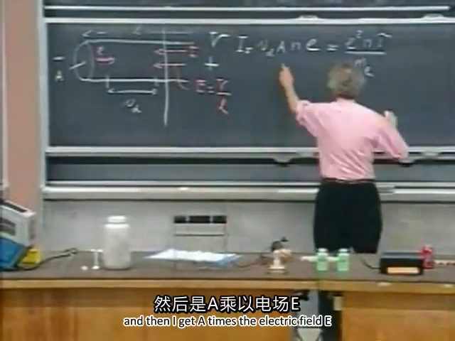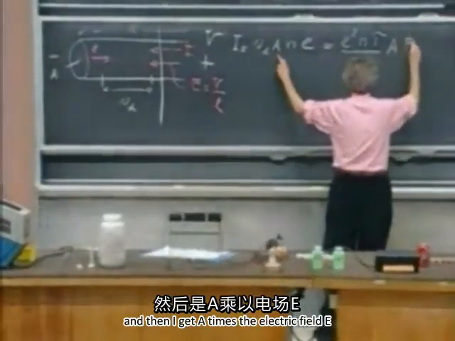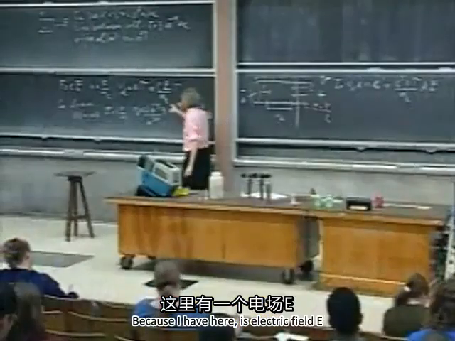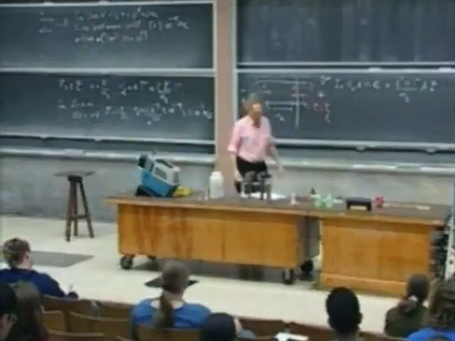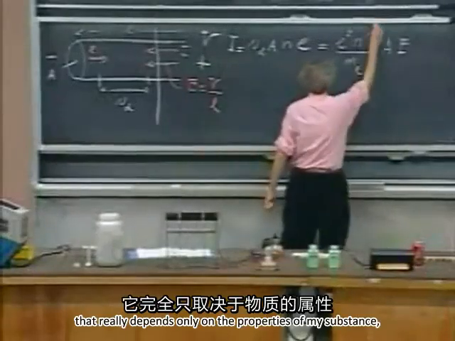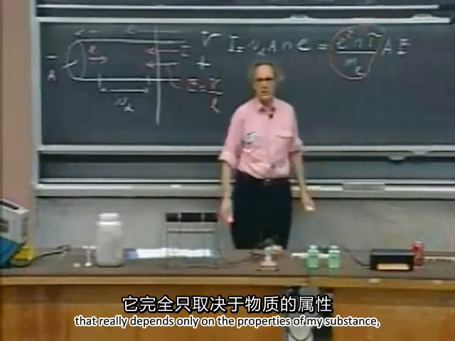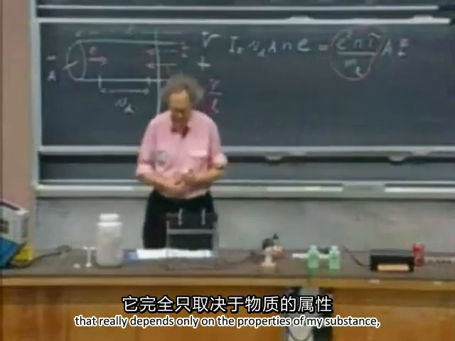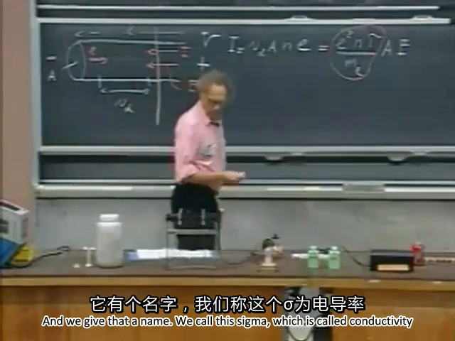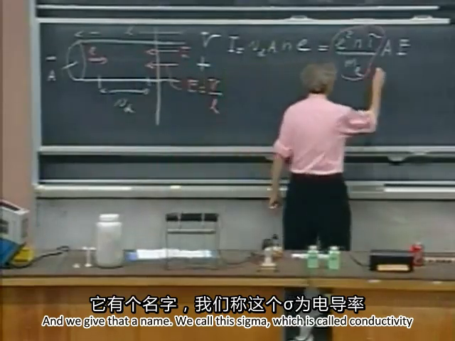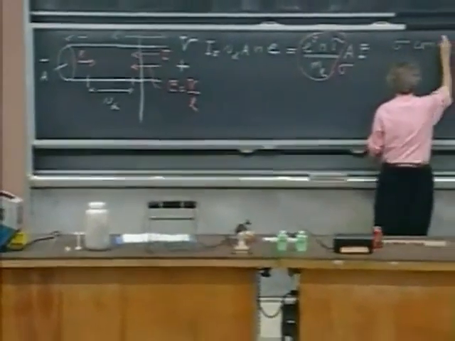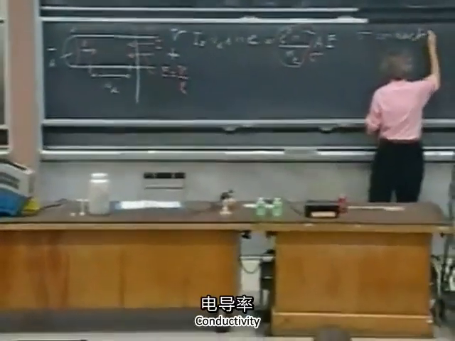And then I get A times the electric field E, because I have here this electric field E. When you look at this, that really depends only on the properties of my substance for a given temperature. And we give that a name. We call this sigma, which is called conductivity.